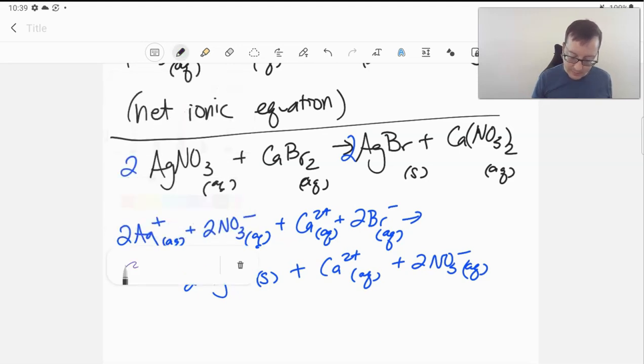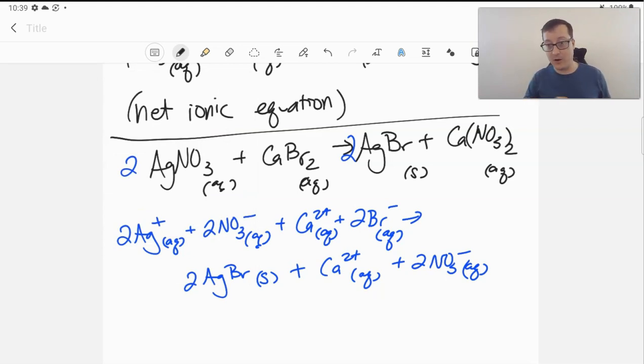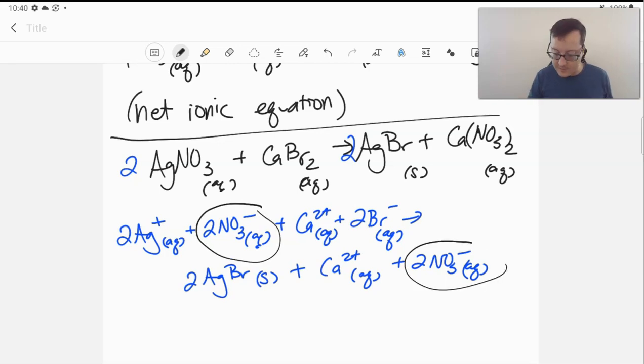Is 2 silver plus aqueous the same on both sides? It is not. We do not have 2 Ag plus aq on both sides. Do we have 2 nitrate aqueous on both sides? Indeed we do. These two are the same. And remember, nitrate should always be a spectator for this type of reaction.